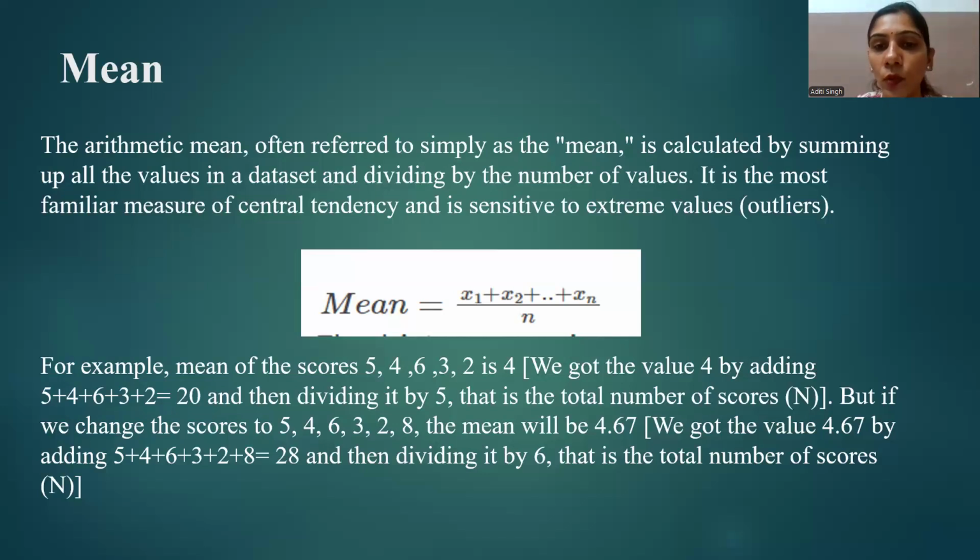The sum is 28, and we have divided this 28 by the total number, n, which is equal to 6. So, this is how the mean is calculated.